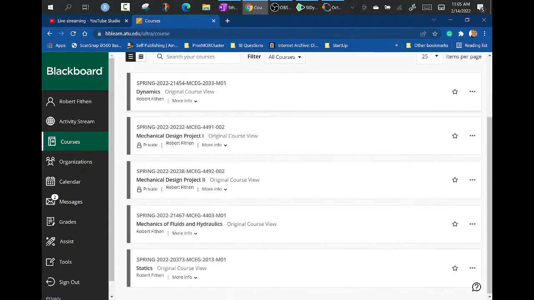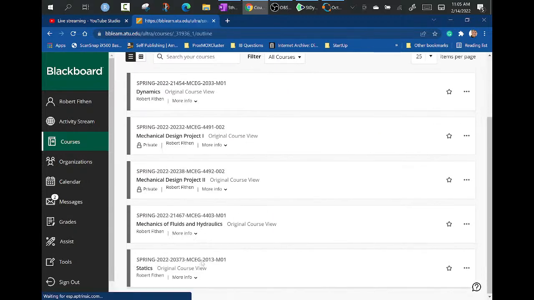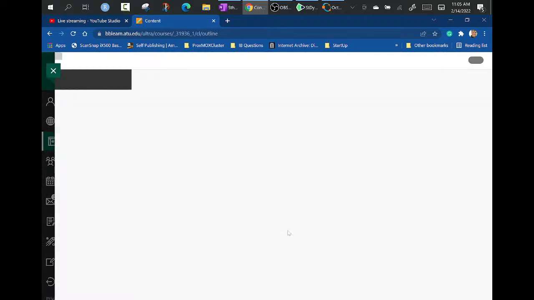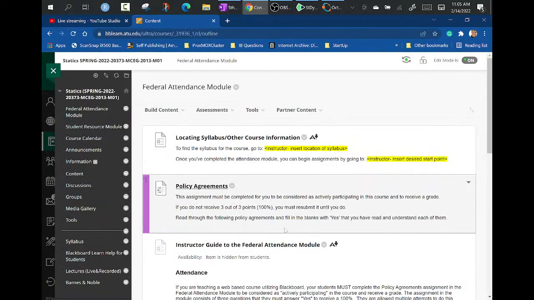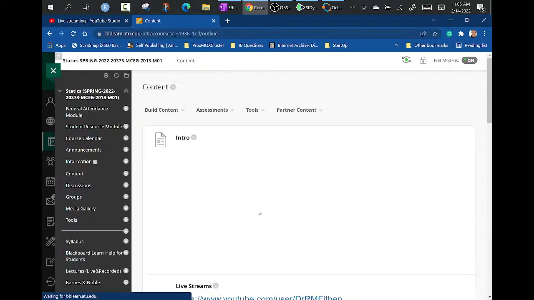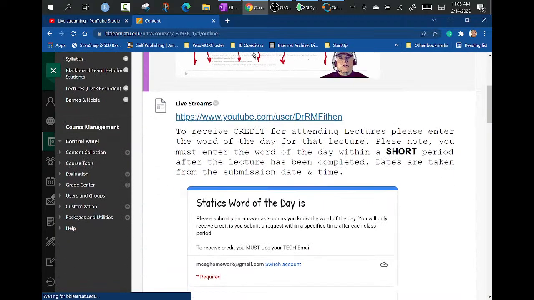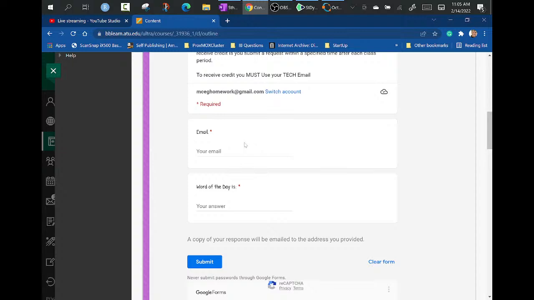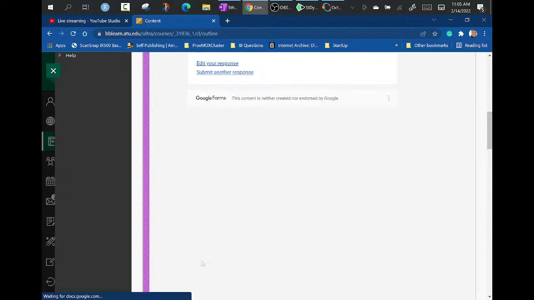This happens to be statics, which for some reason is at the bottom of my list, and I don't know why, and for some reason it keeps coming up that way. Oh wait, you gotta hit the submit instead of just hitting enter.